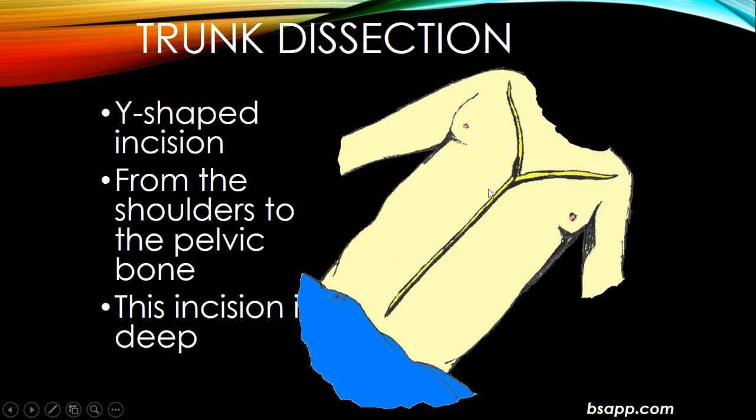It is a very deep incision. When you are doing this, you want to make sure that you're getting through all the layers of skin and fat, but especially on the abdomen, you don't want to puncture any of the organs. There is a point where you feel the cut opening a little bit, and that's where you need to stop. I will show you how to make the Y incision when we do our pig autopsy.